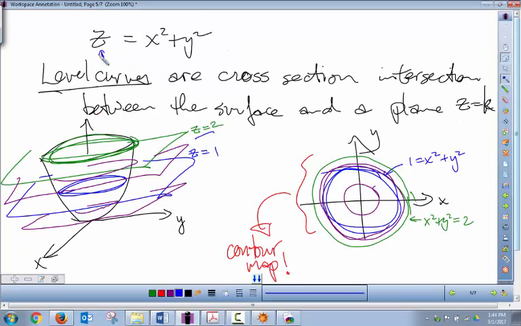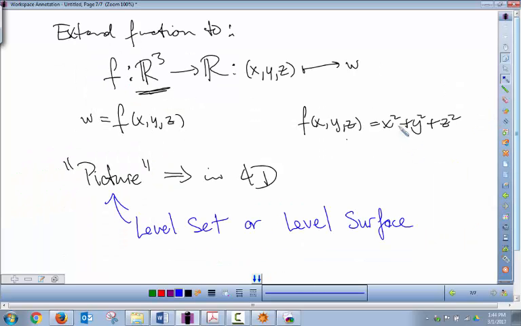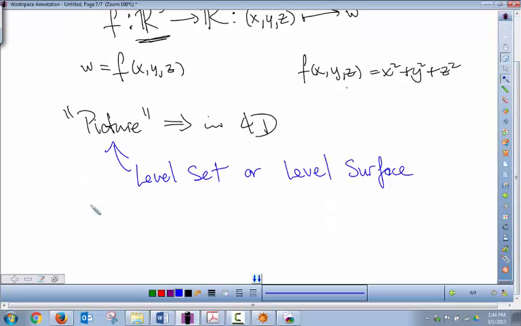We let the output variable equal some constants, and then we try to see what the shape might look like, at least its shadow in space.